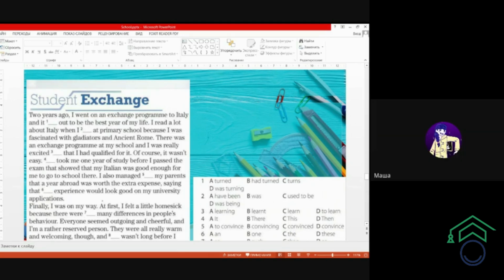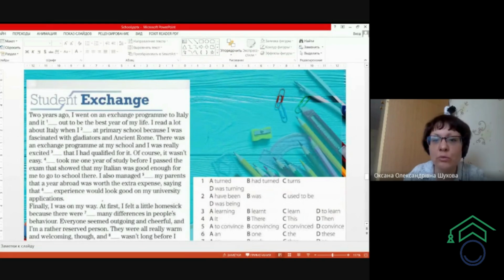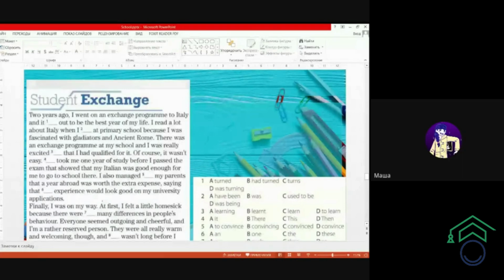Okay, then my question is, why not used to be? Used to be is also an expression that denotes past actions in the past, but you chose was, not used to be. Why? Do you have any idea? So what do you remember about the expression used to be? When do we use it usually?